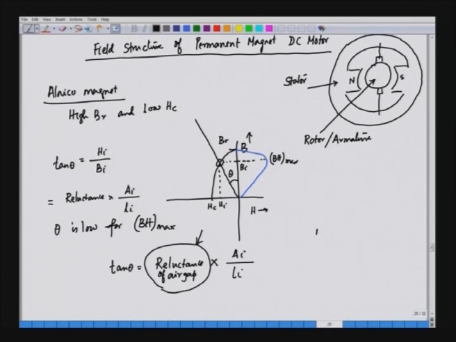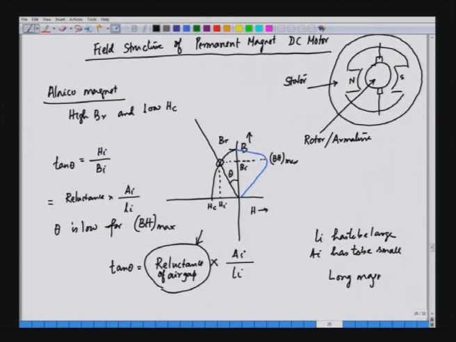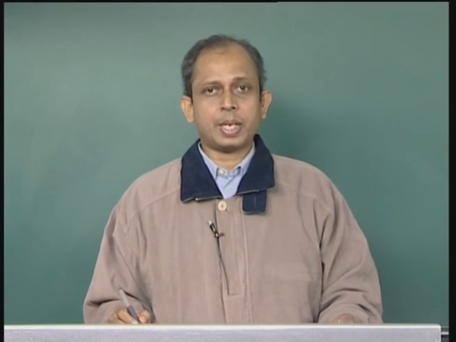It means Li has to be large, and Ai has to be small. So, the ratio of Ai by Li should be small, and hence in Alnico magnets we are going for long magnets. Tan theta should be small, and the air gap length cannot be tampered with, because in a machine the air gap is almost fixed.